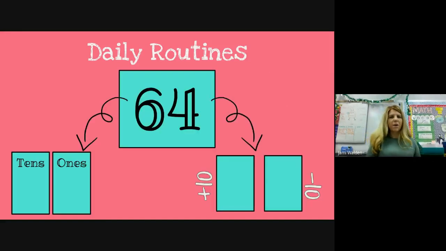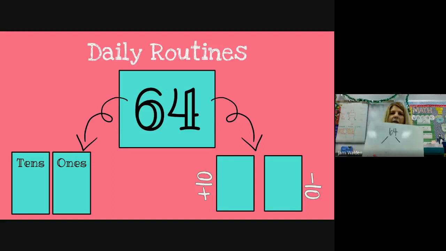All right, let's look at our 2-digit number we have here. I have the number 64. How many tens in the number 64? 6. How many ones in the number 64? 4. Good job. I have 6 tens and 4 ones.